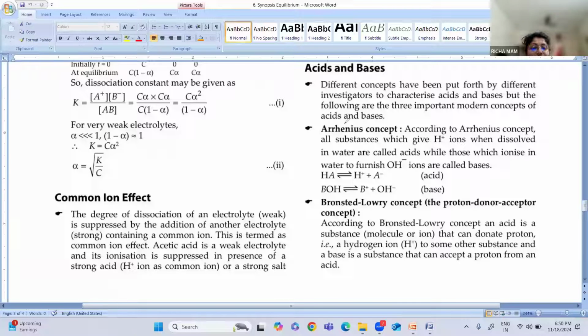So substances which give H+ ions are acids, and substances which give OH- ions are bases. This is the concept of Arrhenius. Very important, so please make a note.